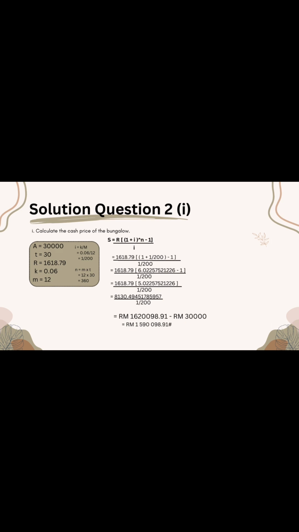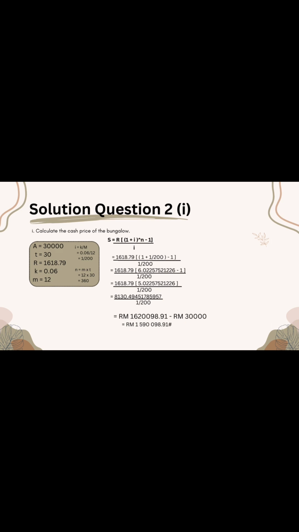We solve it in the bracket first and got 5.0225752126. After that, we multiply it with 1,618 ringgit 79 cents, divide by 1 per 200 and got 8,130.4945178597 divide by 1 per 200.